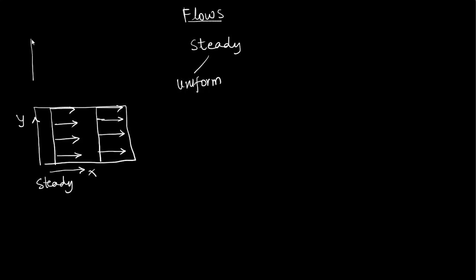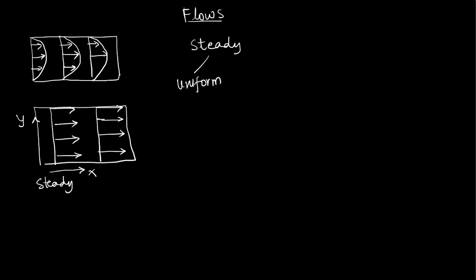What about this particular case? The flow is parabolic, meaning the velocity near the top and the bottom walls is 0 and the velocity is maximum near the center line.